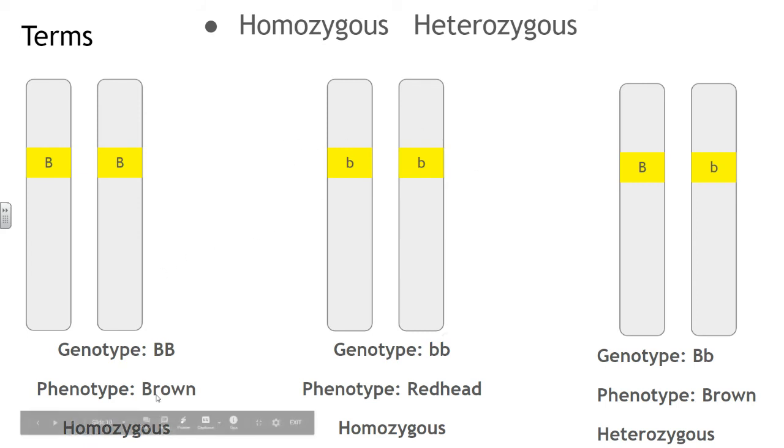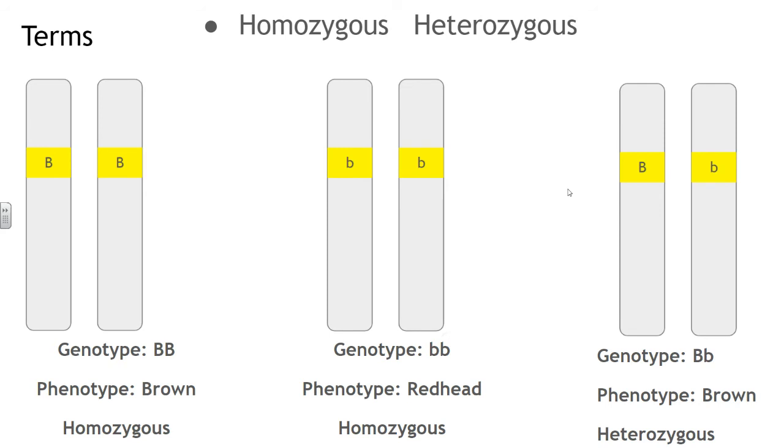So using our brown hair dominant, red hair recessive example, capital B capital B would be homozygous dominant, would give you that genotype and that phenotype. Homozygous recessive in that example will give you lowercase b lowercase b genotype and will give you the redhead phenotype. And the genotype capital B, lowercase b, will give you the brown phenotype because brown is dominant.